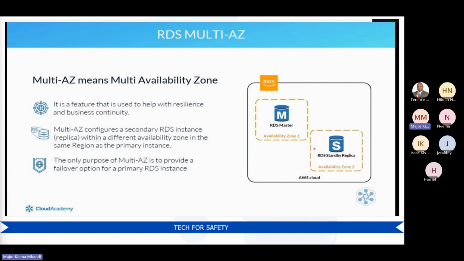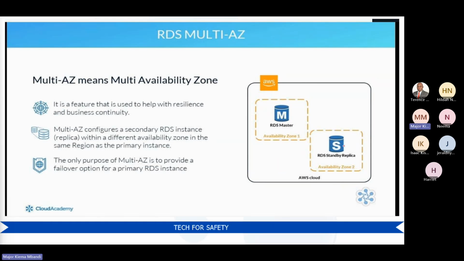RDS is a managed service, so it does not disclose how it happens. Will it try to launch another one here, or will it try to launch another one in a different availability zone? That's, I think, AWS's implementation. But for you, just need to know that at any given point, when this is promoted to master, and then here now we'll come and have a secondary.